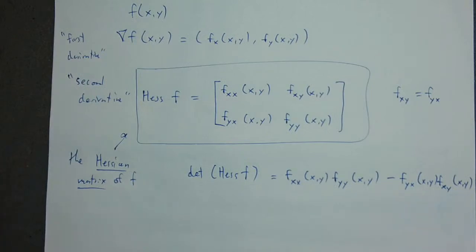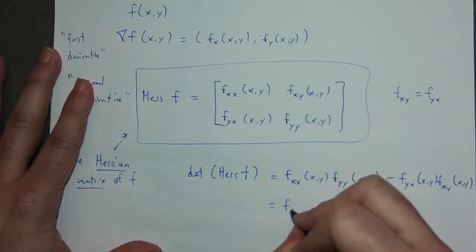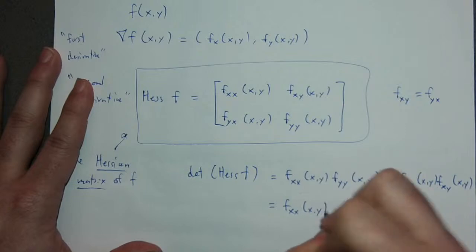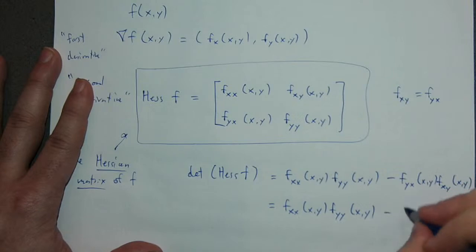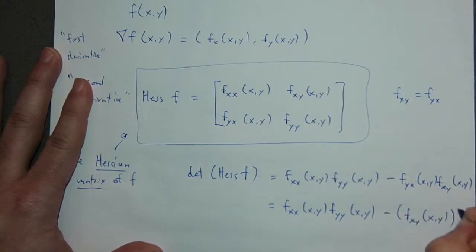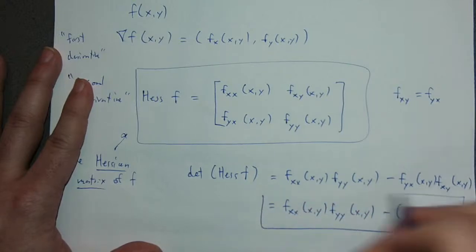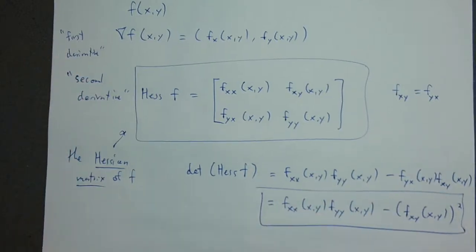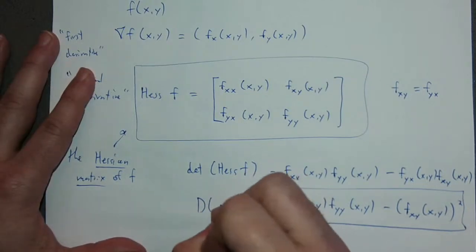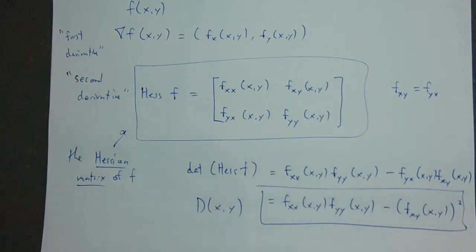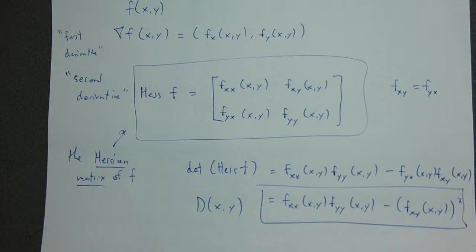So actually these are the same thing, and I can simplify this slightly. But what is that? Well, that's our discriminant. So the discriminant we're computing and testing the signs of is the determinant of the Hessian matrix.